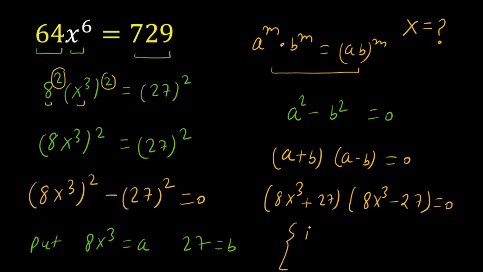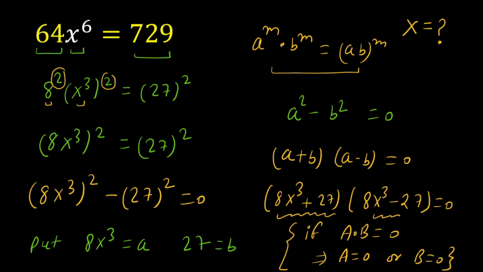Here if a times b equals 0, this implies a equals 0 or b equals 0. Applying this rule, the product of two expressions equals 0, so either 8 times x power 3 plus 27 equals 0, or 8 times x power 3 minus 27 equals 0.